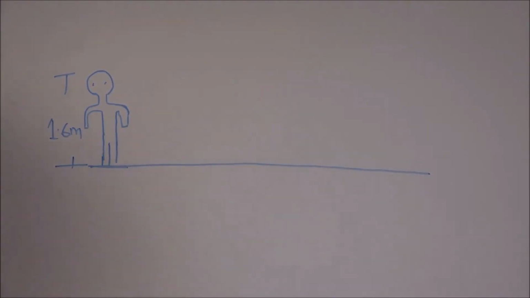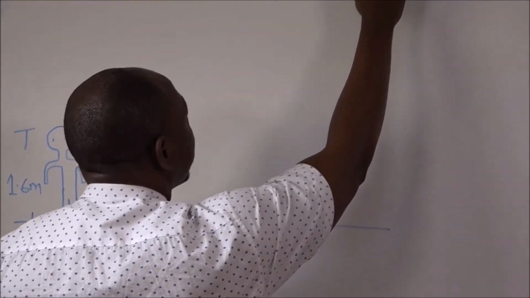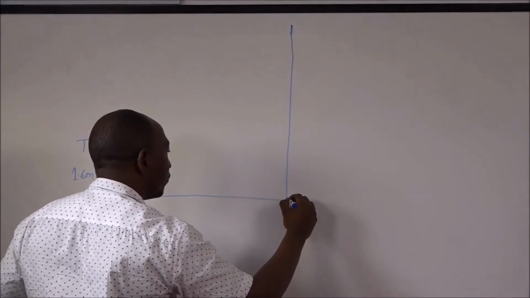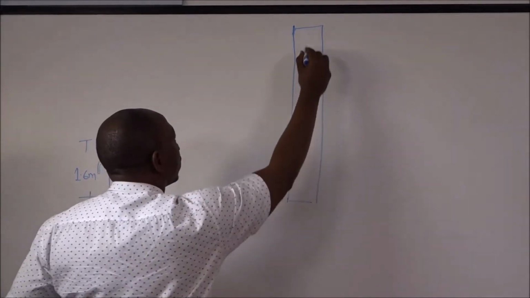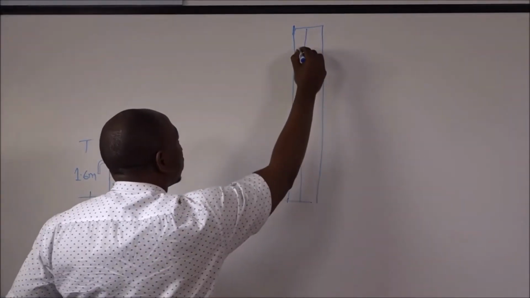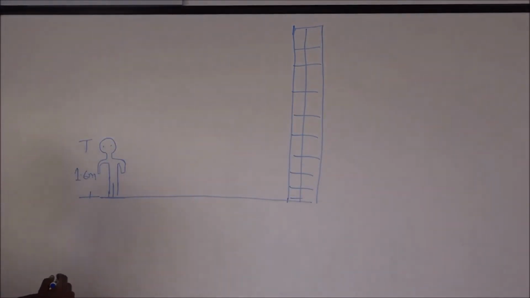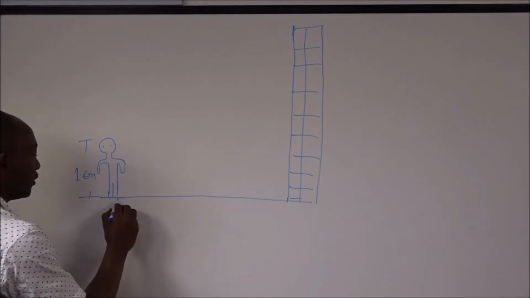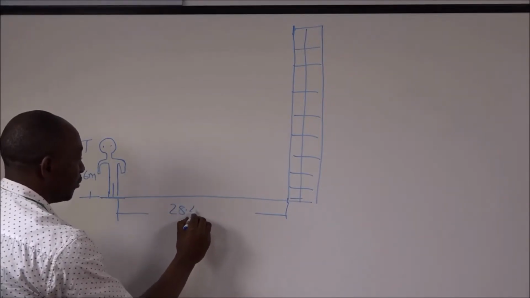That is an observer. And this one is standing on the ground at a distance of 28.4 meters away from the tower. So there is a tower. So we have a tower, and the distance between this observer and the tower is given. That this distance is 28.4 meters.